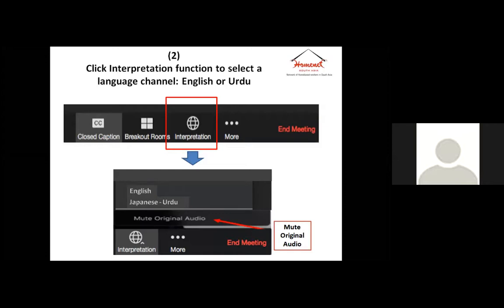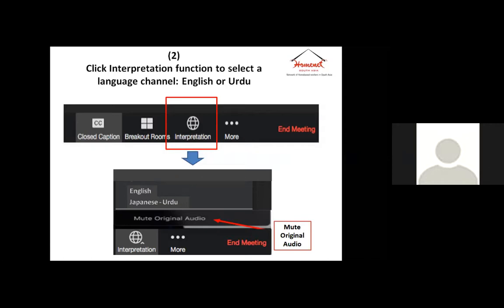Once you select the language, there's also another important function that you need to click. That is the mute original audio. It's located right below the language options. What this does is it allows you to mute the other audio channels so you will hear only either English or Japanese. If you do not select this feature, both audio channels will remain active.